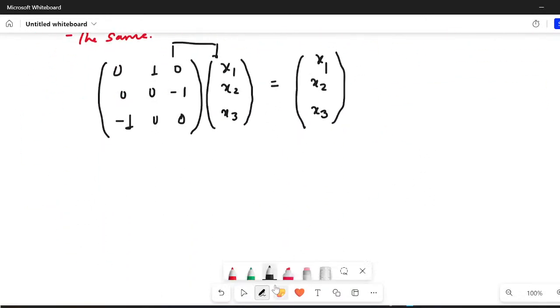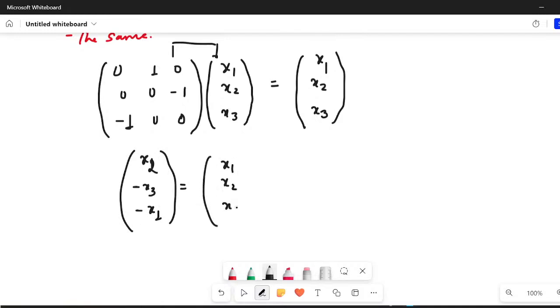So if I do this, I'm getting x2 here, minus of x3 here, and minus of x1 here, right? And this should be equal to x1, x2 and x3. What does it imply?